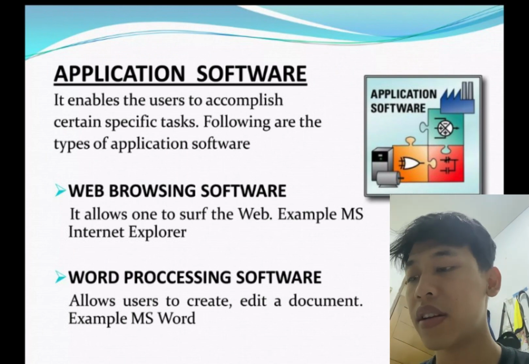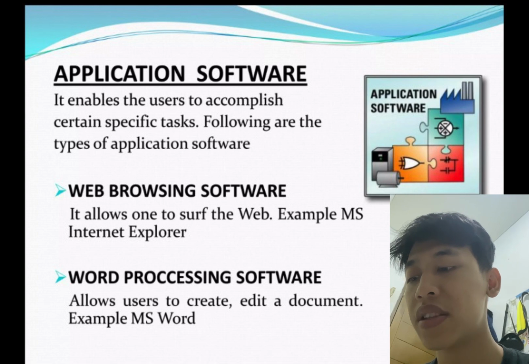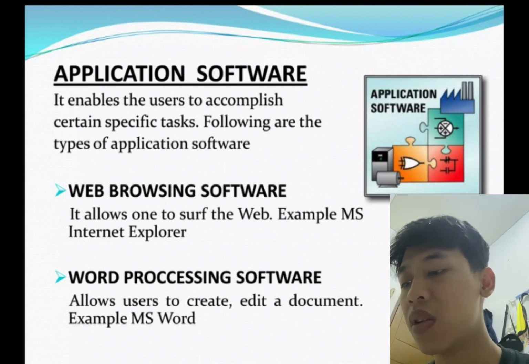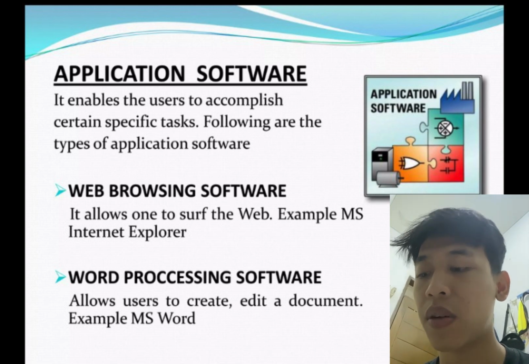Application software. It enables the user to accomplish certain specific tasks. Following are the types of application software. Web browsing software. It allows one to surf the web. Example is Microsoft Internet Explorer. Word processing software.